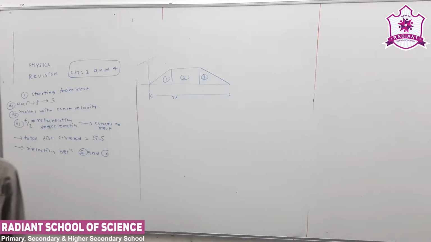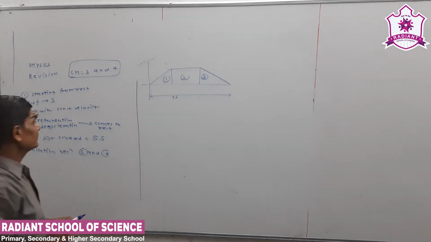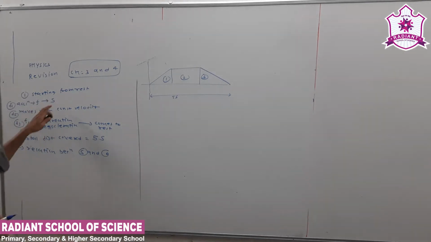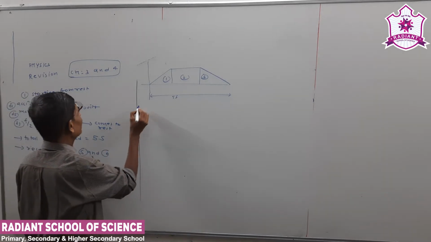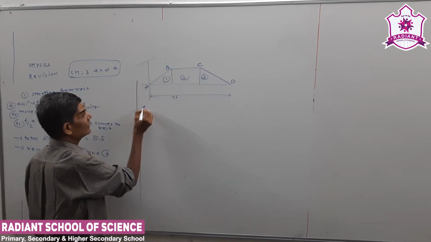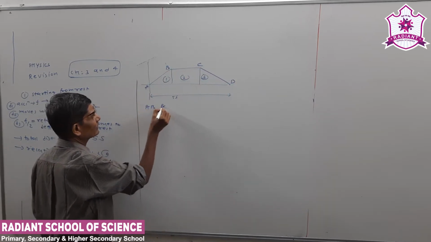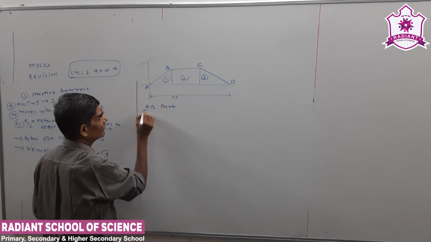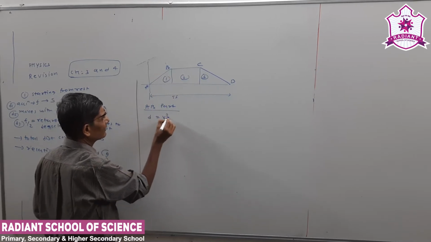We also know that the area of the velocity-time graph is the displacement. Now first it moves with a constant acceleration and covers distance s. The total journey we divide into 3 parts. First part is AB.